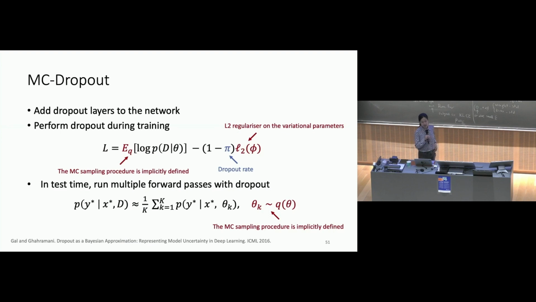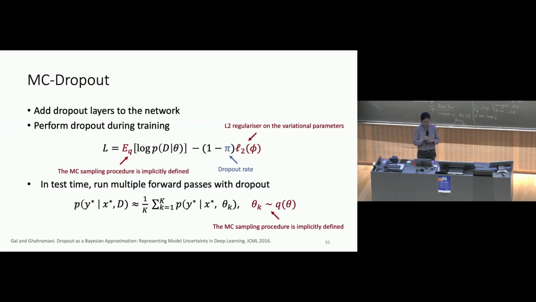The other idea, which is quite popular in the computer vision community, is called MC Dropout. The idea is to define a very interesting Q distribution, in a way that you can sample from it very easily, and also make the KL term look like an L2 regularizer.